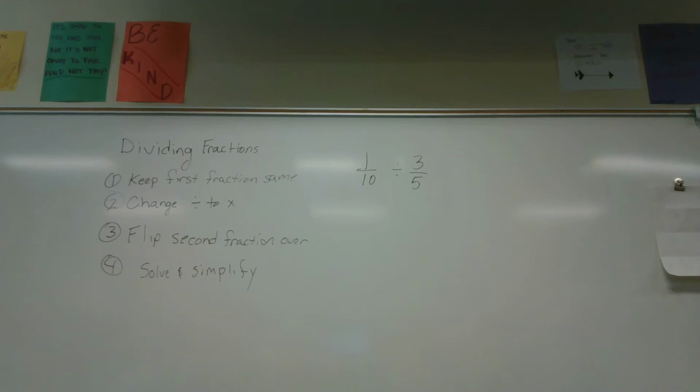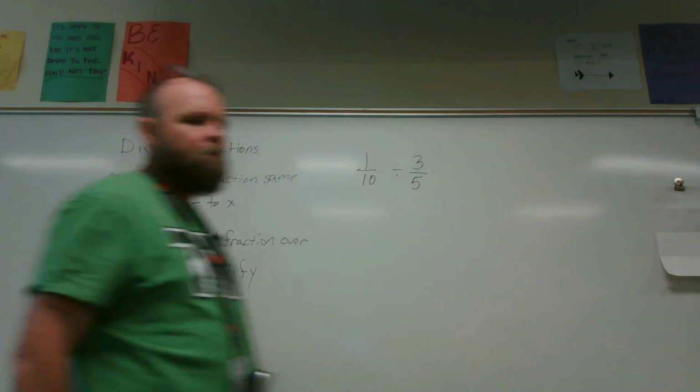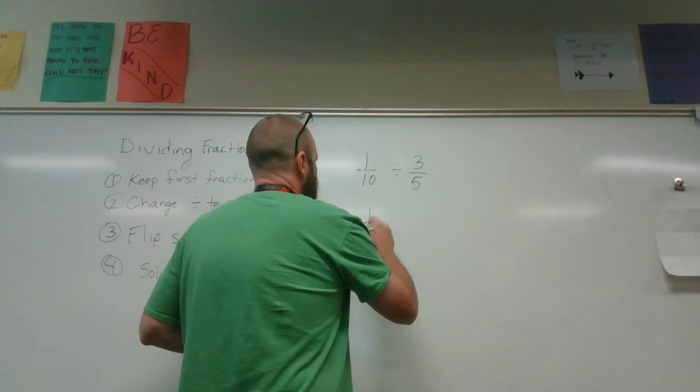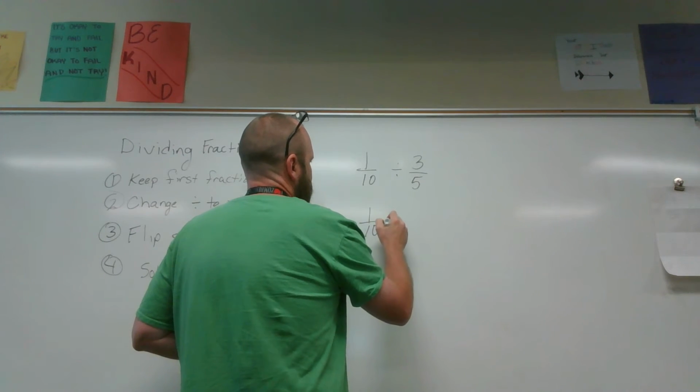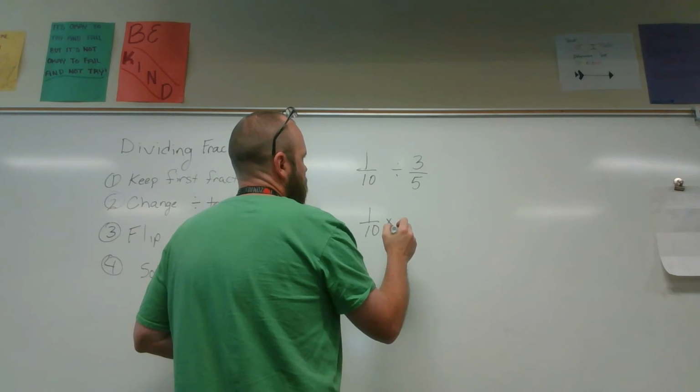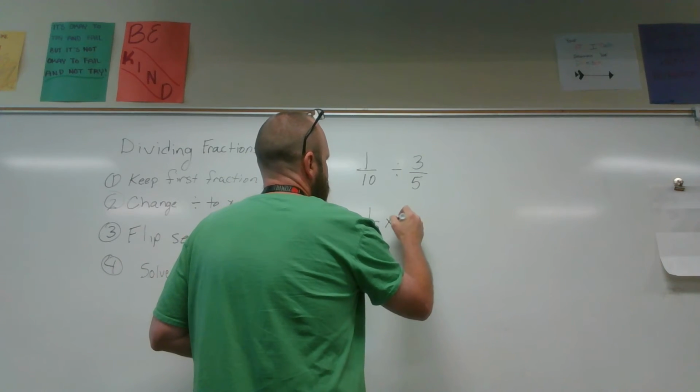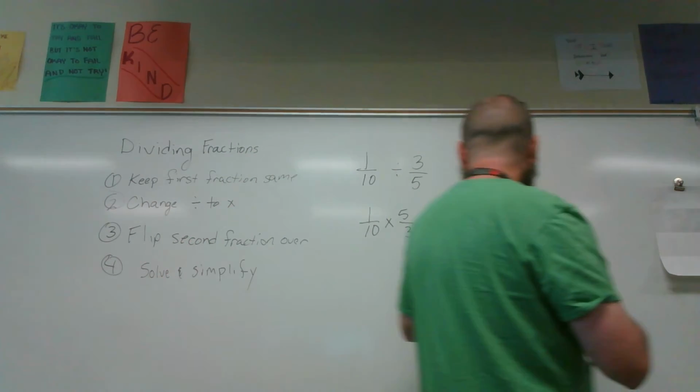Gunner, what is the first thing I do? Keep 1/10. Next, change the division sign to a multiplication sign. Next, flip 3/5 to 5/3.